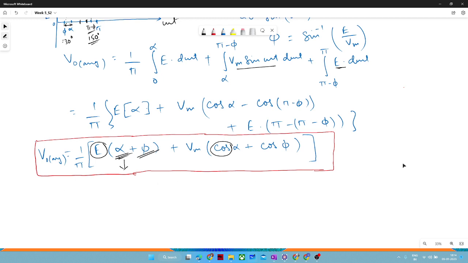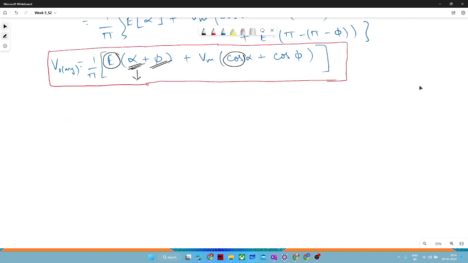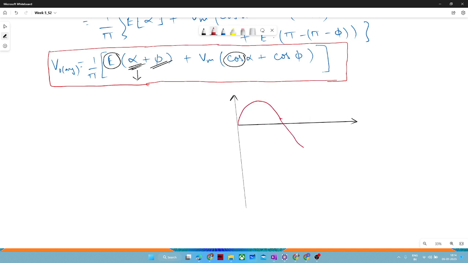Okay, so we covered the RE load. Now we will move on to the RLE load, which is quite a common topic, and questions are very frequently framed on it. So let me draw the supply waveform again. Two pi, pi.